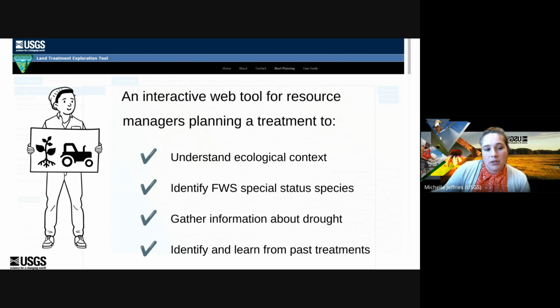So it provides them with a bunch of summary information, pulling from publicly available data sources. It identifies fish and wildlife species of conservation concern, like migratory birds that might be in the area or threatened or endangered species. It's going to help them gather information about past and future drought conditions at their specific site. And it's going to allow them to identify and learn from past restoration investments that the BLM has made in the area.